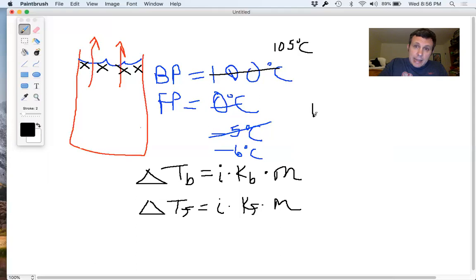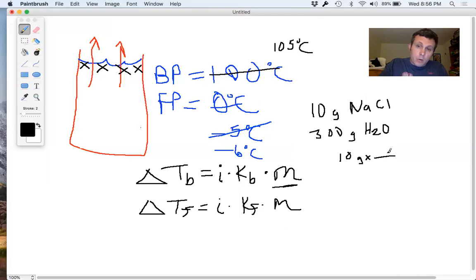Let's say that I have 10 grams of NaCl, and I dissolve that into 300 grams of water. And I want to know what is the new boiling point. So what I first have to do is calculate the molality of this solution. So if I have 10 grams of salt, I say, okay, how many moles? So 1 mole of salt, NaCl, is 58.44 grams.